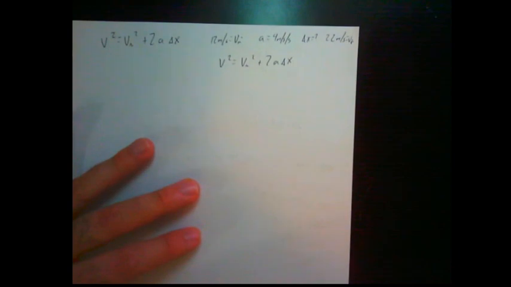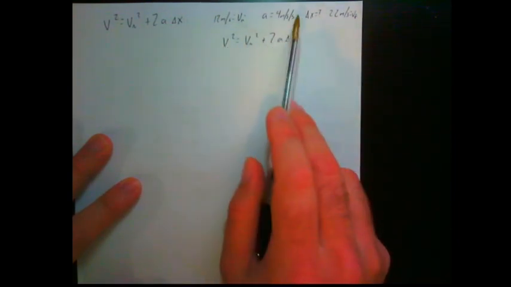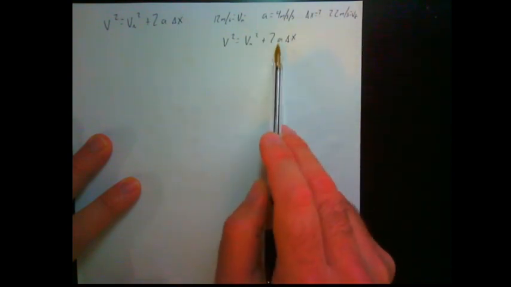Nowhere here do you have a T in this equation. Time is not a part of this equation. And the only equation we have in which time does not play a part at all is this equation. Instead, we have an initial velocity, a final velocity, acceleration, and we're looking for displacement.